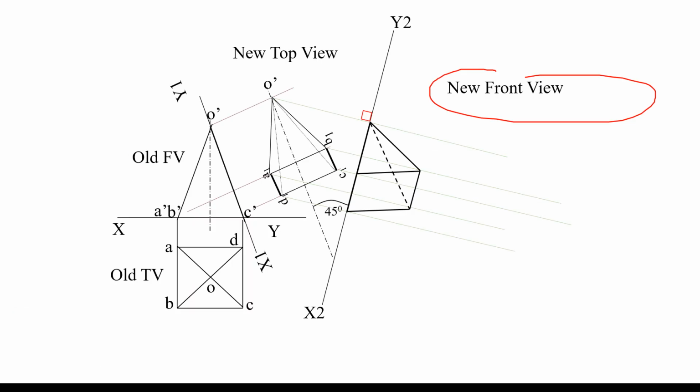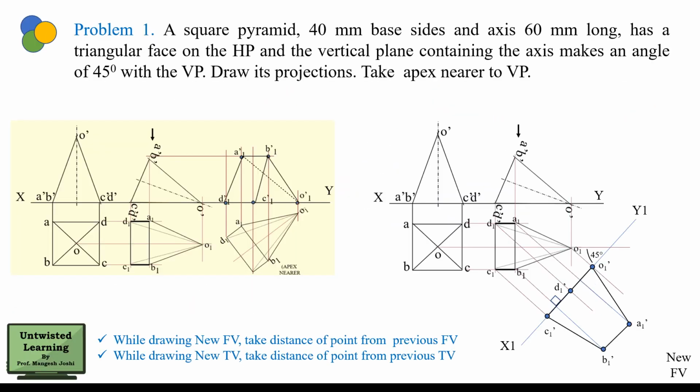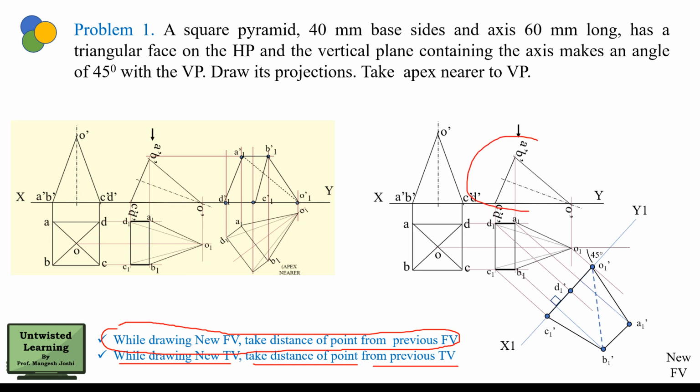So always remember these points. While drawing the new front view, take the distance of a point from the previous front view. While drawing the new top view, take the distance of points from the previous top view, as we did in this case. For drawing the new front view, we have taken distances from this front view. This was considered as the old front view, right?